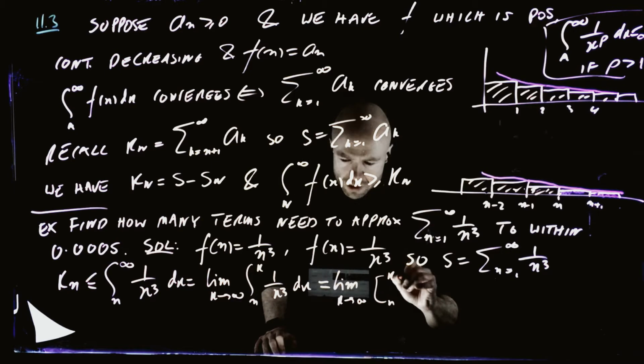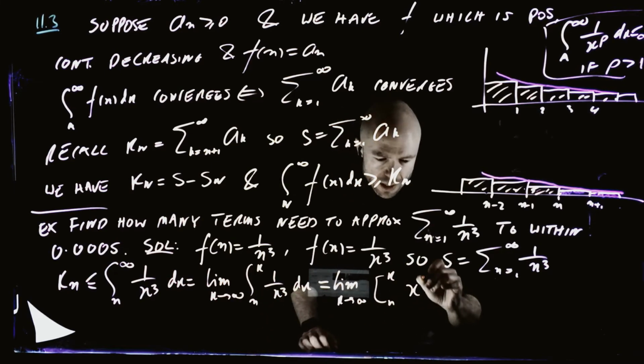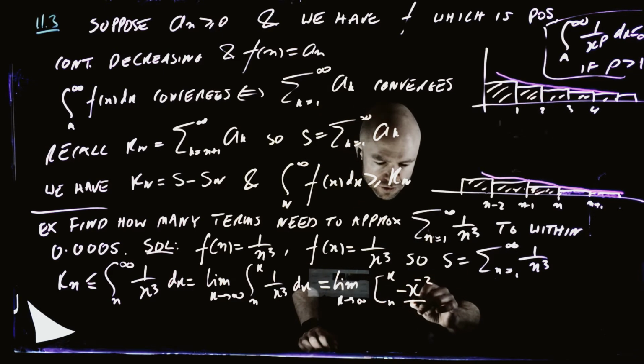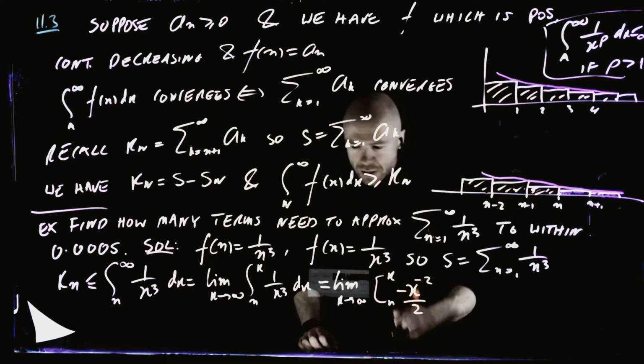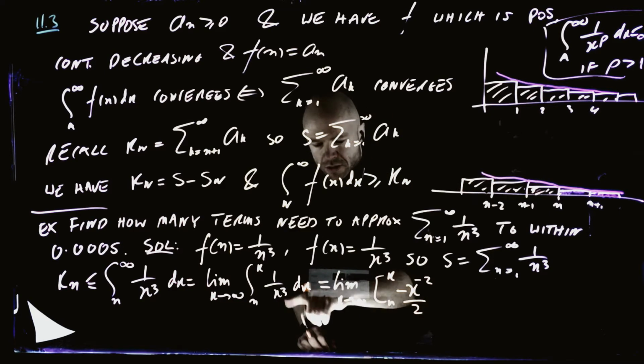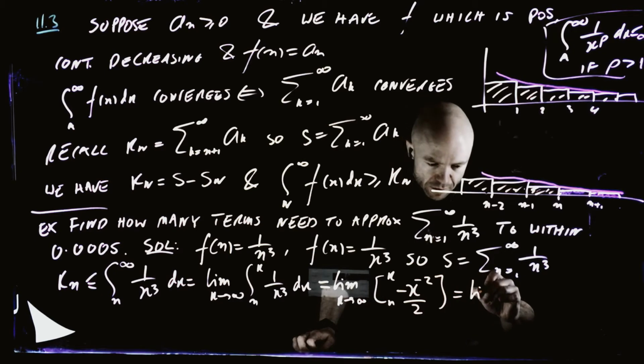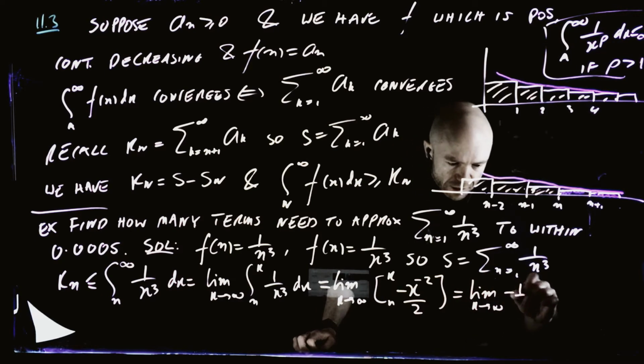What's the antiderivative to get this? Let's do x to the minus 2. And if we do that, we have this extra minus 2 that we don't want. So let's divide that by 2. Right? And then the derivative of this thing will give us exactly what we want. And then we're going to take this limit as r tends to infinity. Let's pull out this minus a half.